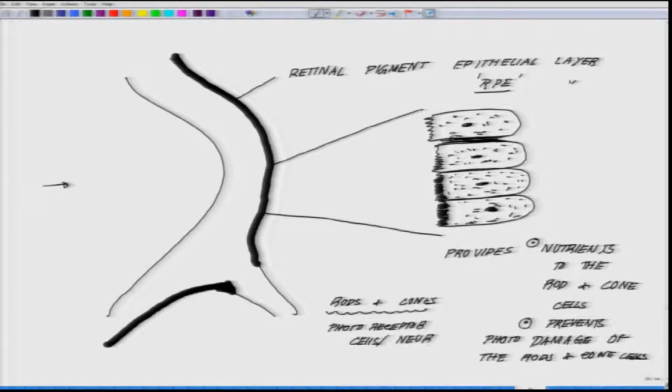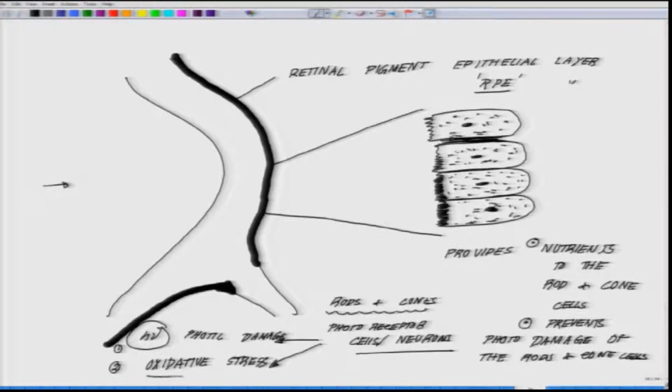Since they are very specialized neurons, I am calling them photoreceptor cells or neurons. One, photic damage, or damage because of light. Second, oxidative stress, O2 dot, just to tell you that this is an oxidative stress.